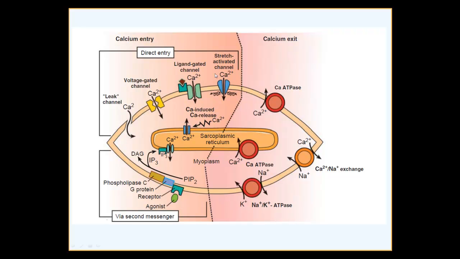All right, so whichever the reason is, whether it's by voltage operated, that means that depolarization took place in order for calcium to come in, or we have stretch activated channels, or leak channels, or a second messenger. Whichever the reason is, we can cause phosphorylation of calmodulin, and you know the rest of the story, what happens after that.